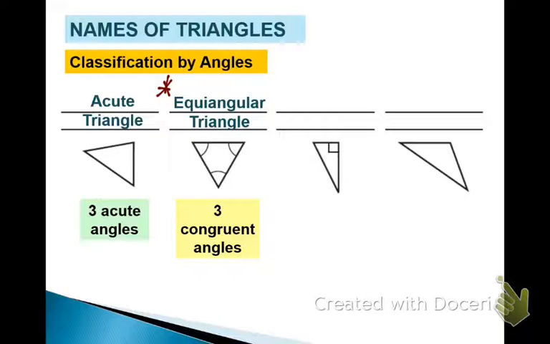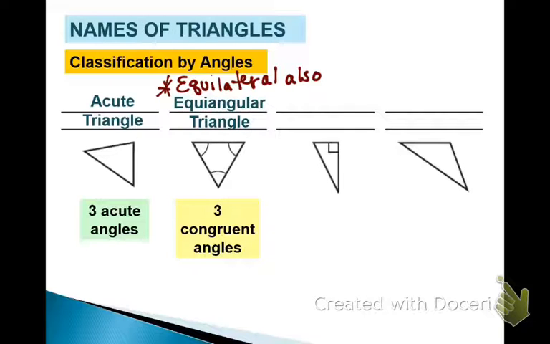And then you're going to write an asterisk with it. If it's equiangular, it's also equilateral.